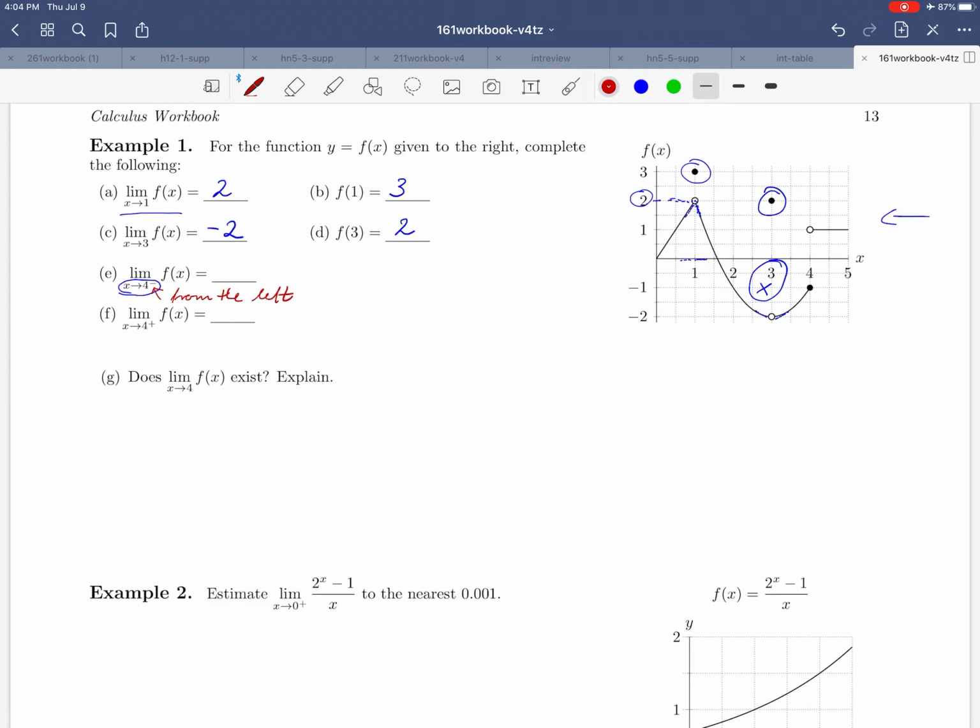That's the meaning of that minus sign. Why does that mean from the left? Because we are looking for values that are 4 minus a little bit. That's how you can think about it. So 4 minus a little bit.